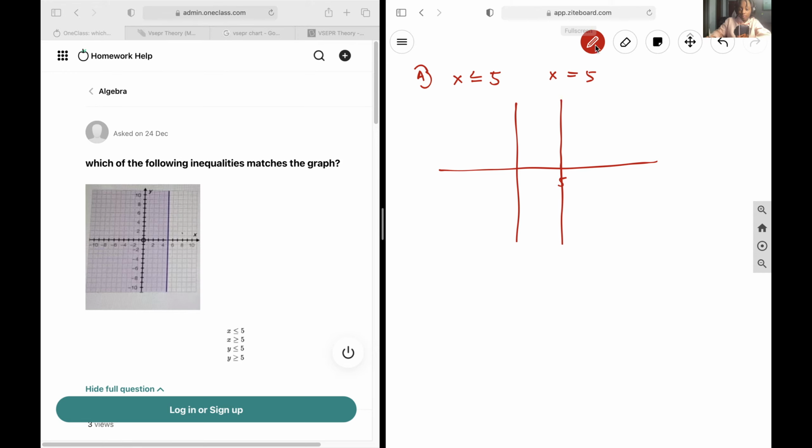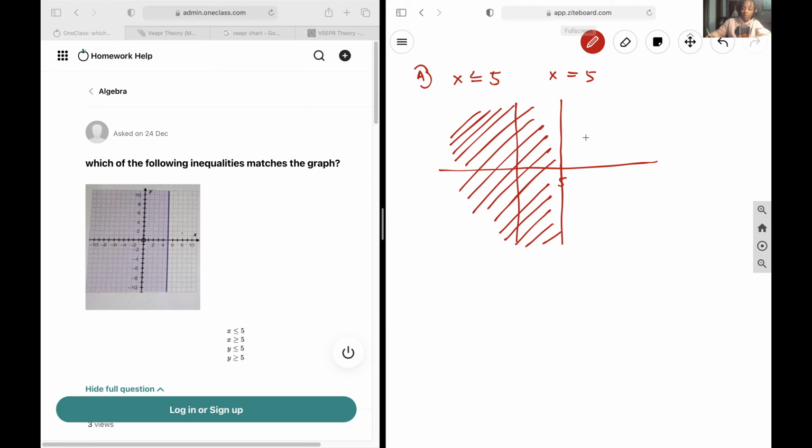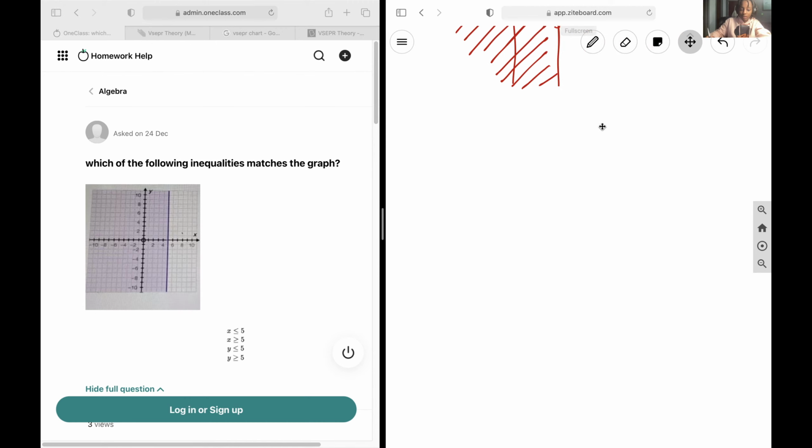So it's both of them, which means for less than, we will have all points before this line that we've sketched out, and including the line. So obviously, this will match what is in the question, and A will be correct. But just to continue on our understanding of these inequalities, let's plot the rest.